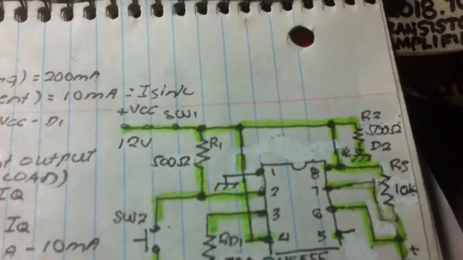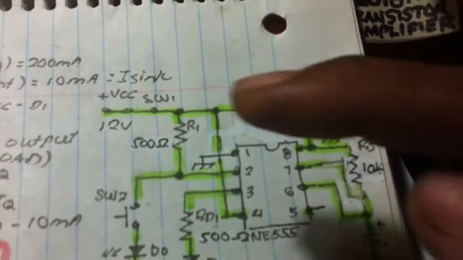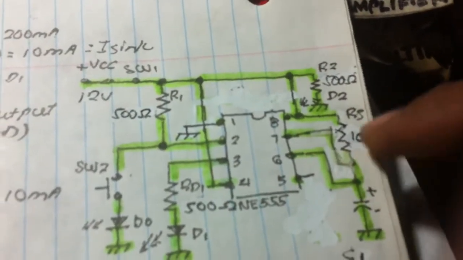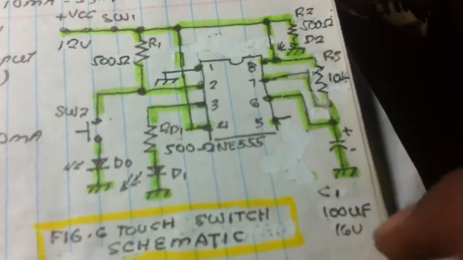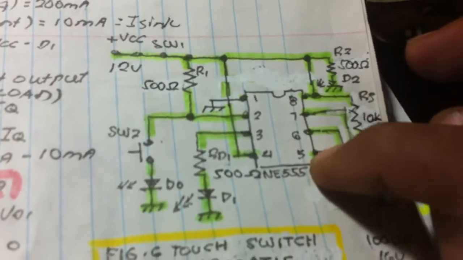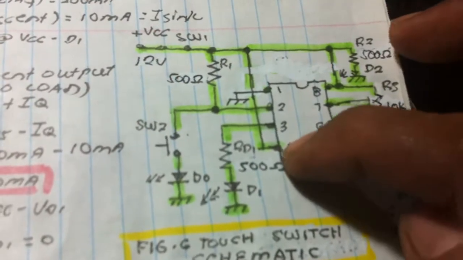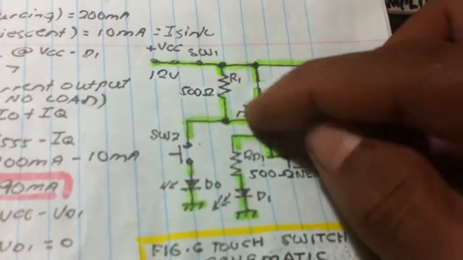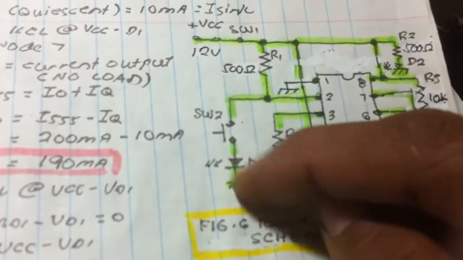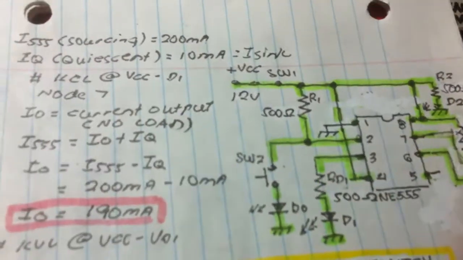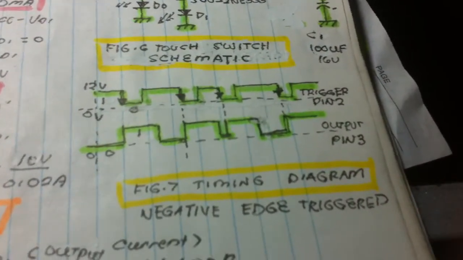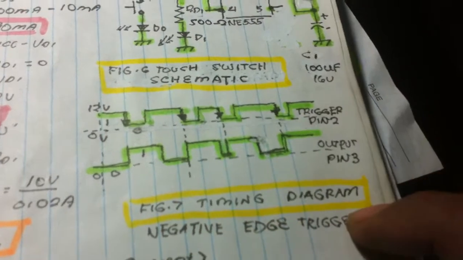In here we have now the actual values. R1 500, R2 500, then R3 10K, C1 100 microfarad. In pin 5 we have no capacitor connected, it is grounded, 500 ohms, and we have this input LED, now 500 ohms. This is the timing diagram, and this is negative edge triggered.